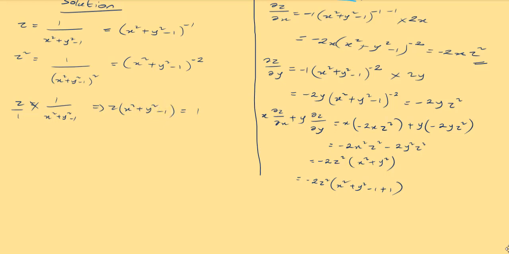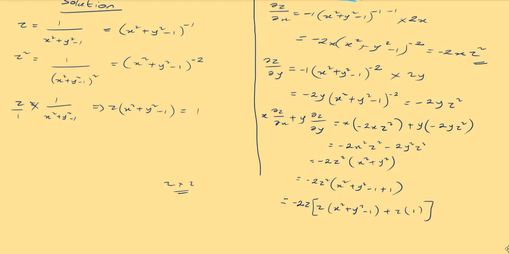So look at what will happen eventually. This is minus 2. This is z square. Z square means there are two z. Z times z. So I'll just take 1. The second one, I'll use it to multiply what is here. So look at it, z times z will give me this z square. Now what is in the bracket? I have s square plus y square minus 1 plus z times 1.